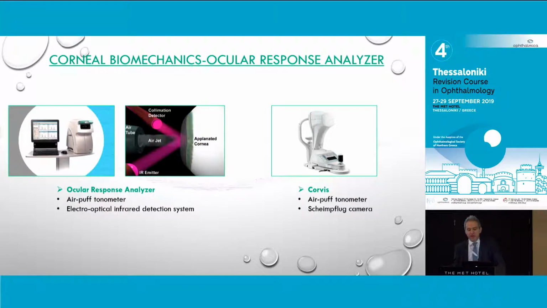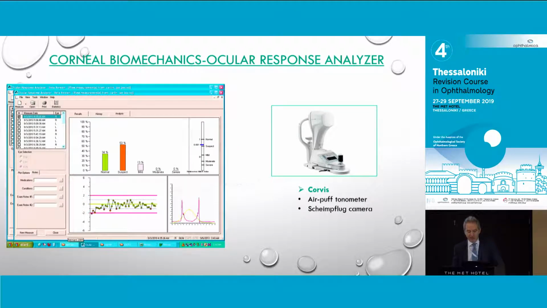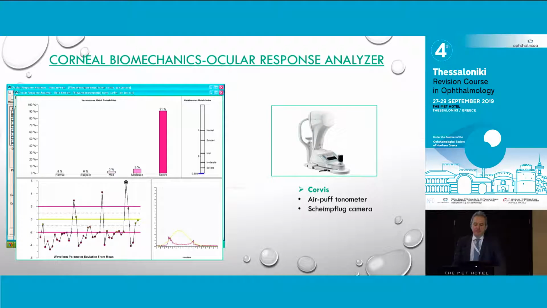And we have the Corvis, which has actually been recently introduced in the market with its current software program. It's an air puff tonometer with a Scheimpflug camera. And with the Ocular Response Analyzer, we have metrics such as the corneal resistance factor and the keratoconus match probability. Actually, we have a confidence interval. The machine is telling us 95% for the cornea to be normal, to be suspect for ectatic disease, or to be diagnosed as an ectatic cornea.